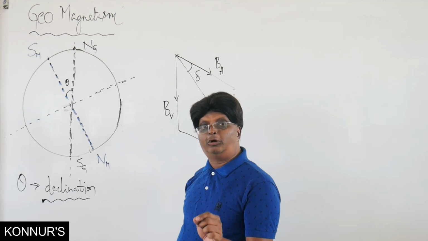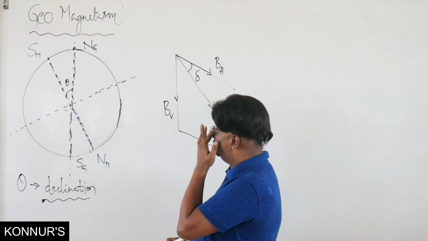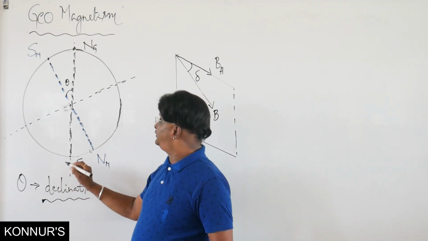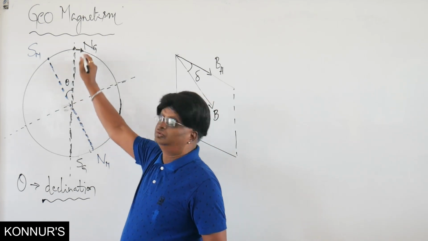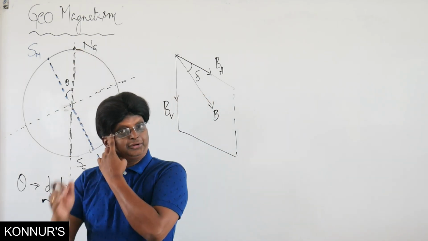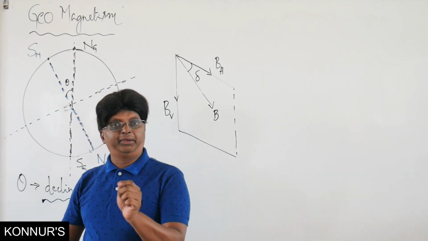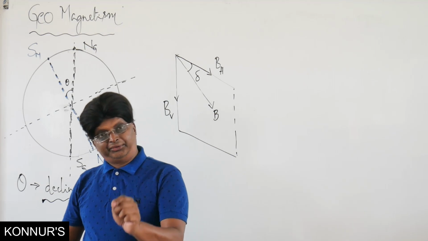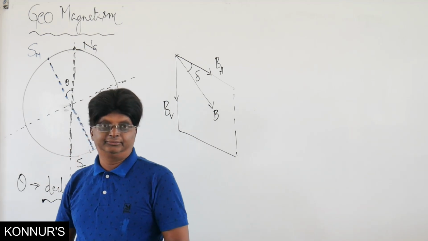And one more thing regarding declination. Two more points let us try to remember. The angle of declination increases from the equator to the poles. Supposing we take higher latitudes or lower latitudes, the theta value will be different, such that the declination increases at higher latitudes.